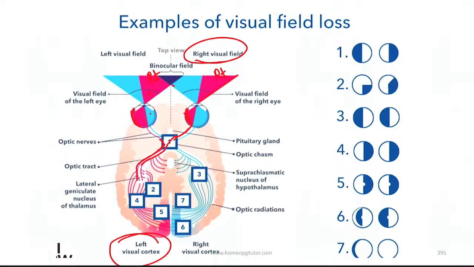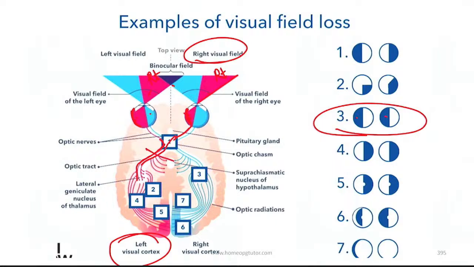That is why, in the figure, in the third point, you can see the left side is not there. The person is not able to visualize anything on the left side. In both eyes, the left visual field is affected. That means in this figure, the injury is after the optic chiasma.